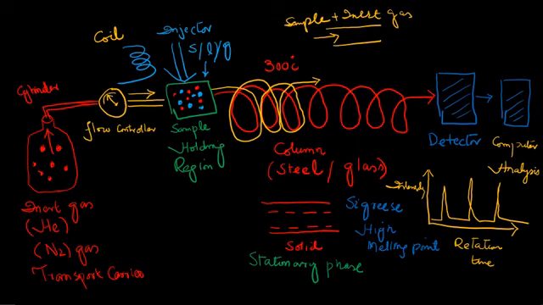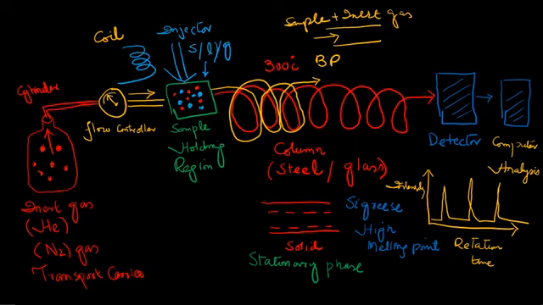So now the inert gas, as well as the sample in the form of different types of molecules, will pass through the column. An interesting point to notice here, dear student, is that a gas chromatograph analyzes complex compounds. They have different types of molecules, and their boiling points are different. The temperature of the column is around 300 degrees centigrade.